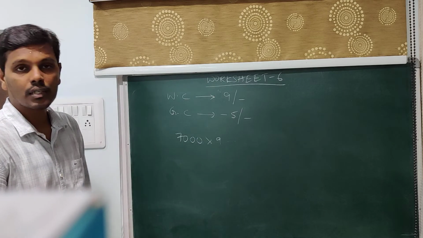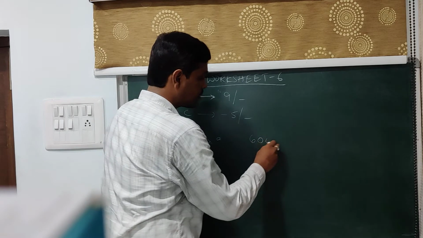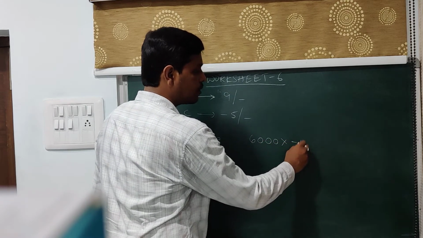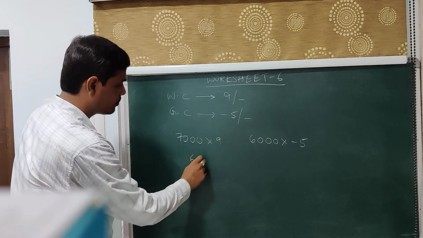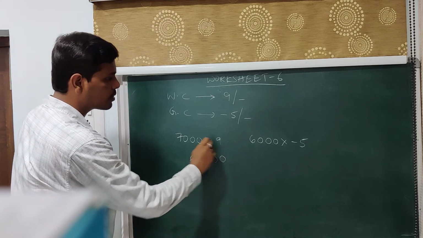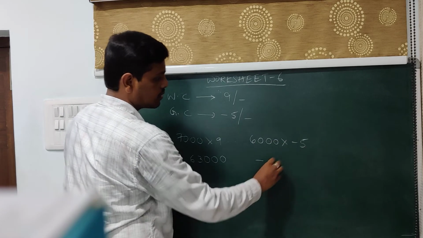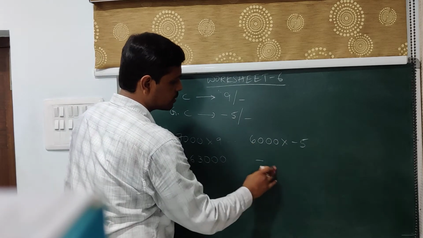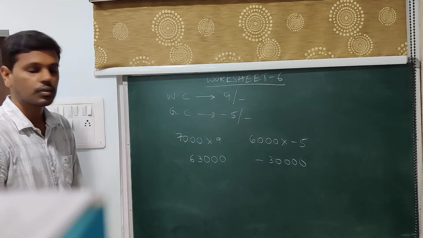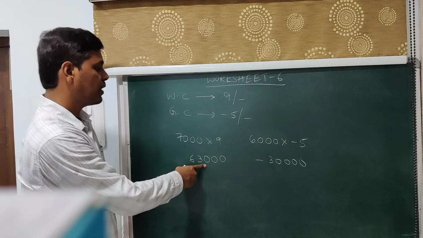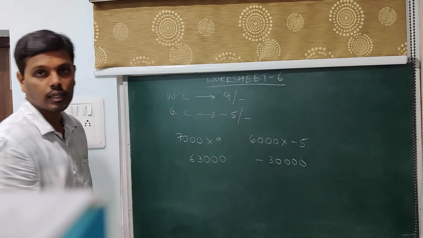On one bag of grey cement they are getting minus ₹5, so on 6,000 bags of grey cement, it is 6,000 into minus 5. Let's calculate this value. 7 9s are 63. This is 63,000, and plus into minus is minus. 6 5s are 30. And this is 30,000. Now this is the amount they are getting on white cement, and this is the amount they are getting on grey cement.